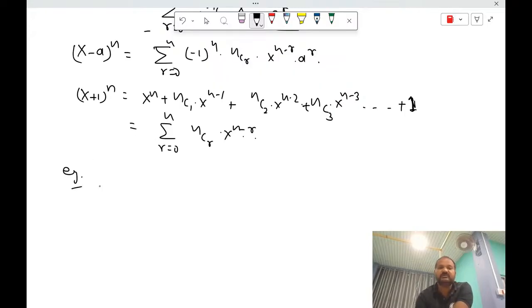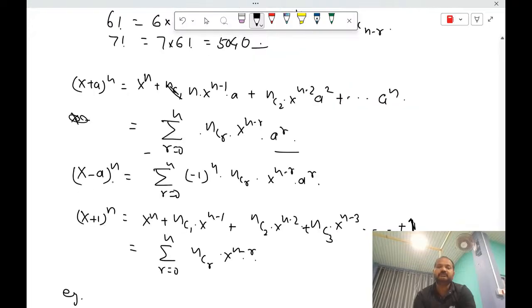Here we will see some examples, and also the pyramid form.